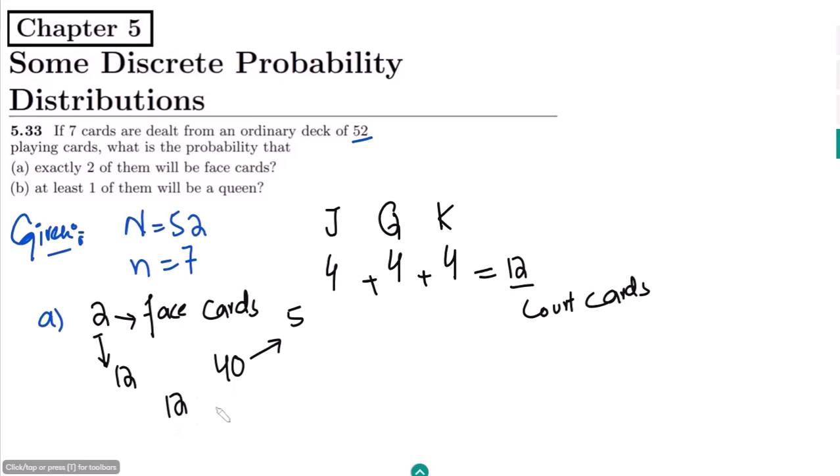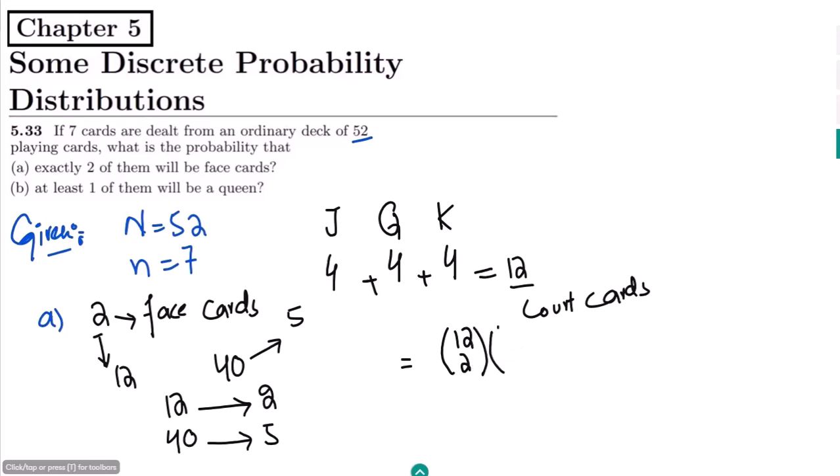From the 12 face cards, I have to choose 2 cards, and from the remaining 40 cards I should have 5. Here again this is the problem of the hypergeometric probability, where the face cards are 12, and from those 12 I have to select 2.